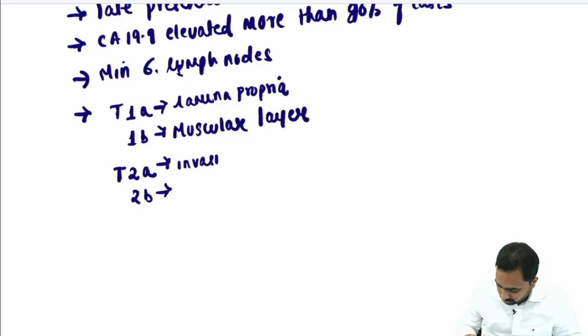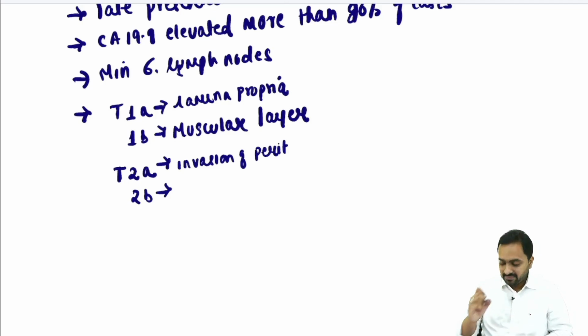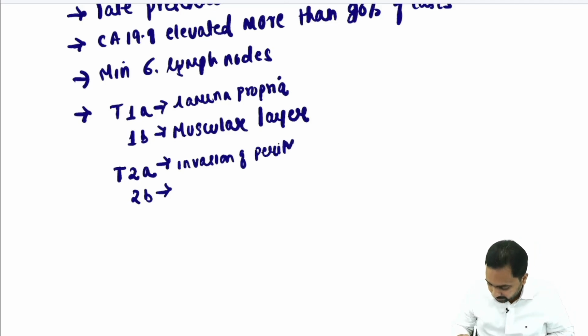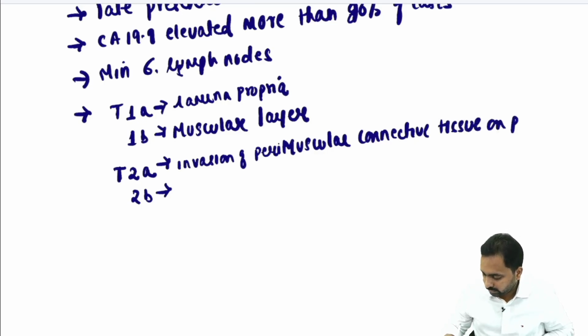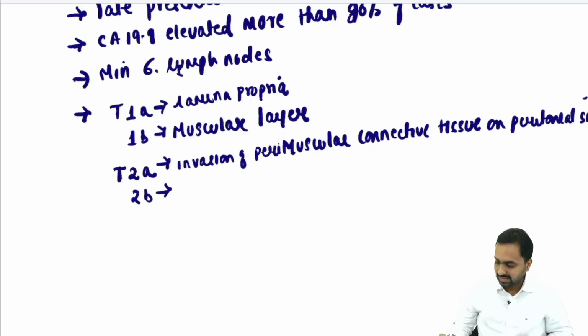So invasion of perimuscular connective tissue on peritoneal side without involvement of the serosa.